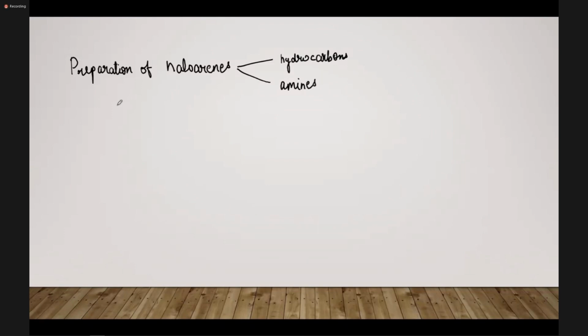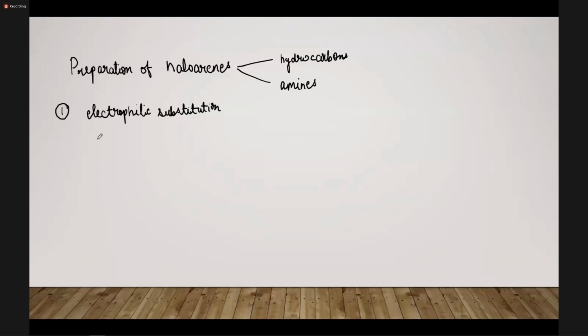The first method, preparation of haloarenes from hydrocarbons, is based on electrophilic substitution. This method requires the presence of Lewis acid catalysts like iron or iron chloride, that is Fe or FeCl3.